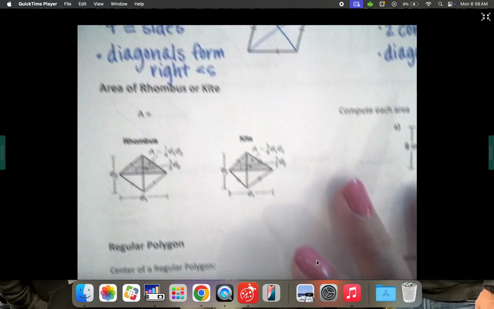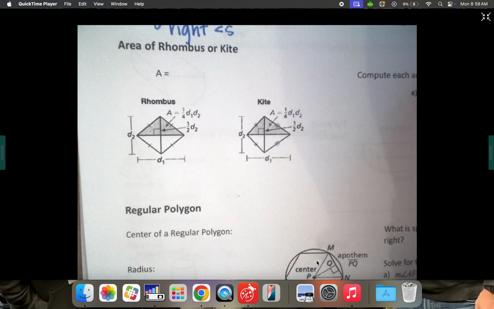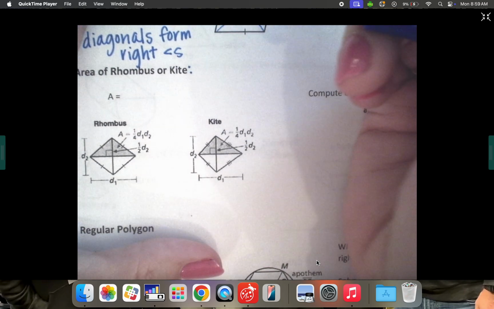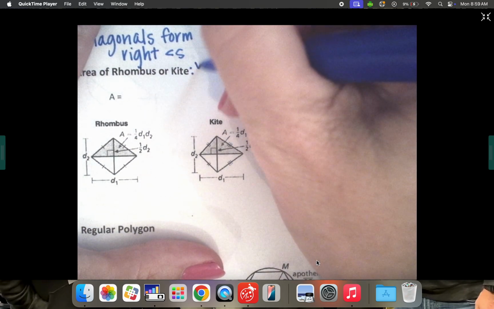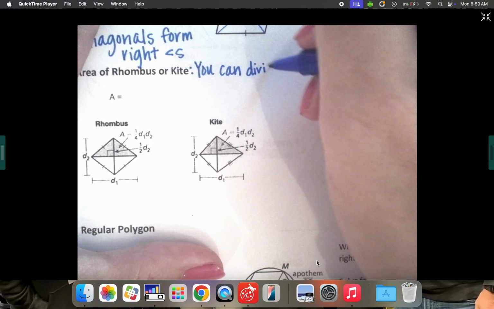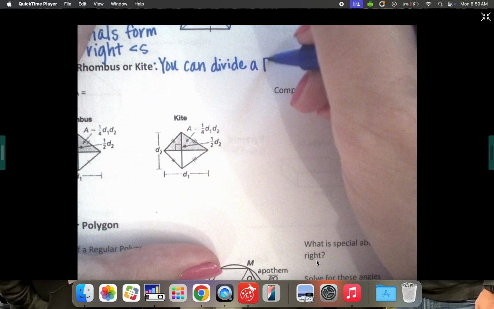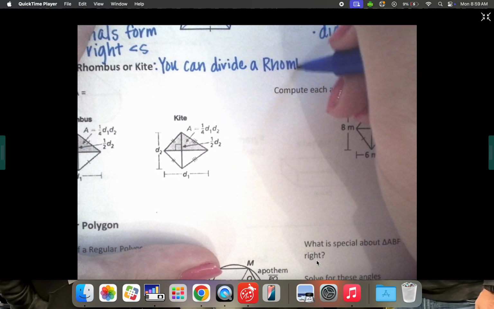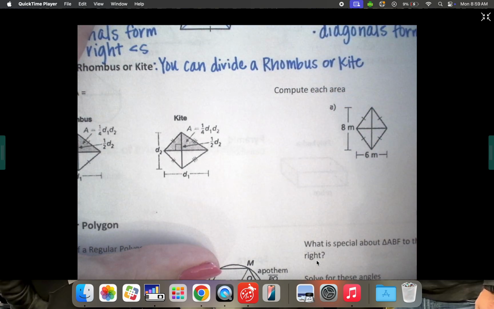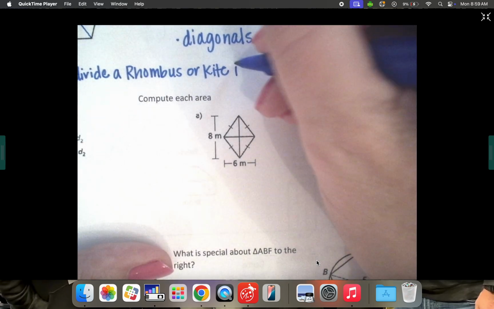Okay, that's going to be important because what I want you to know about the area of both a rhombus and a kite is that they're going to be the same. And this is the reason. Area of a rhombus or kite, go ahead and put this. The reason the area of a rhombus or a kite works is you can divide a rhombus or kite into 2 congruent triangles.